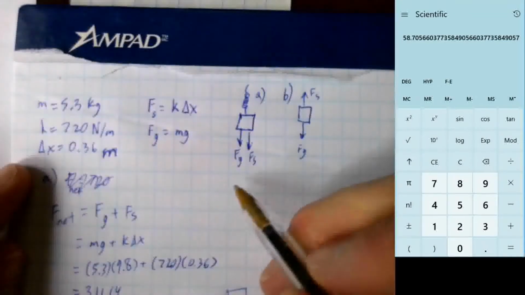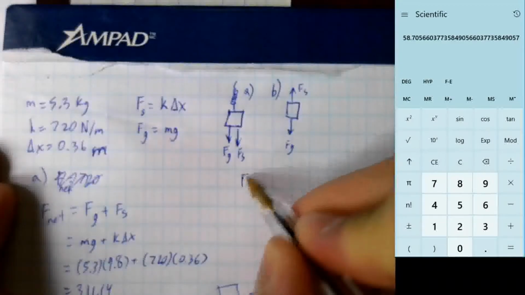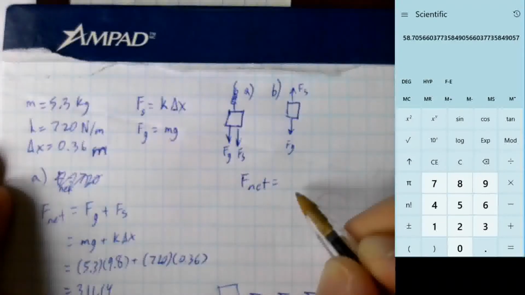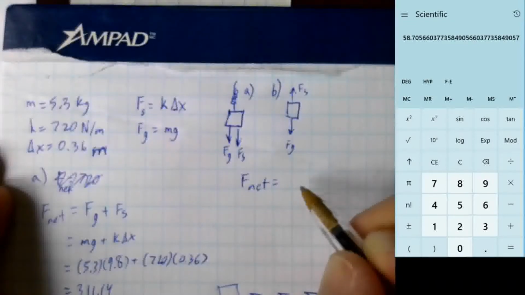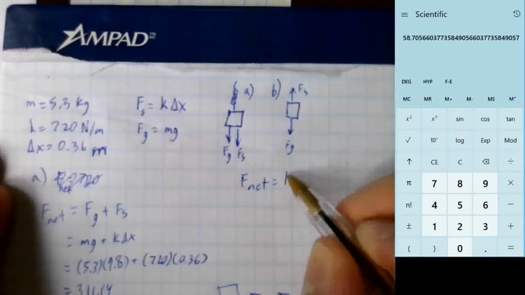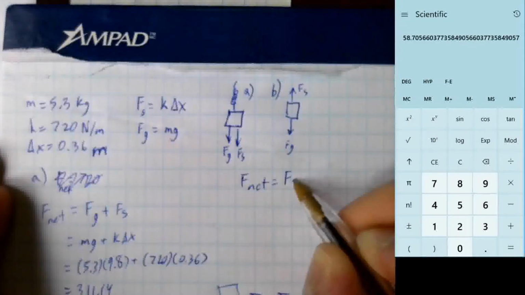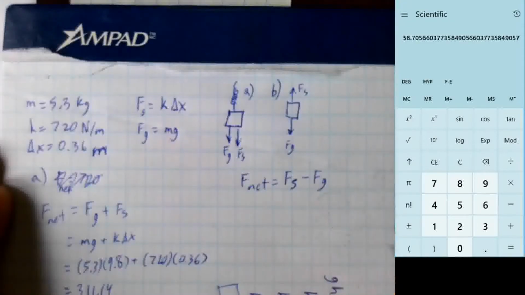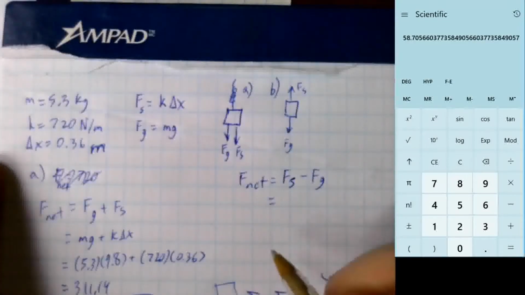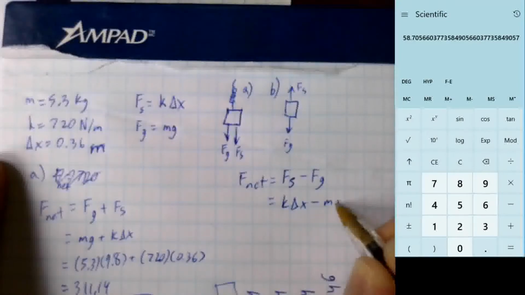Now over here, doing this for B, my F net is equal to Fg minus Fs. Rather, in this case, the Fs is going to be more positive, so I'll write it this way, Fs minus Fg. This way I'll get a positive answer.